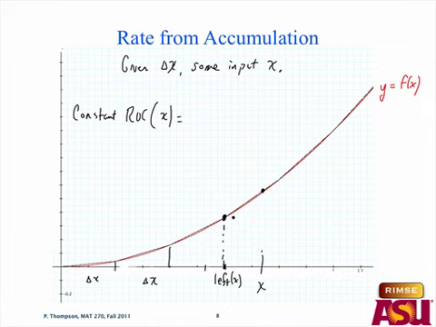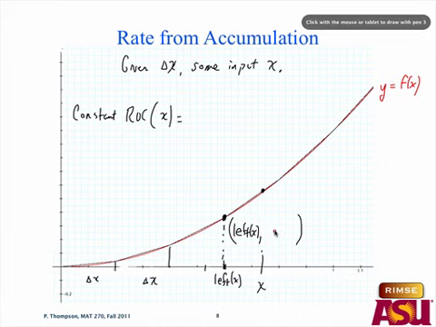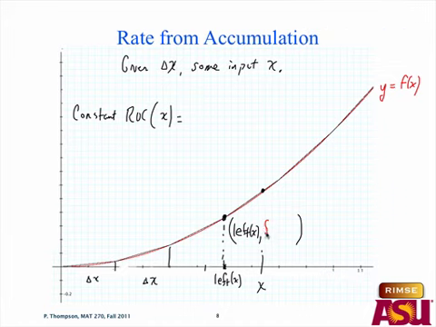Okay, so what are the coordinates of that point right there? The x coordinate is left of x. Somebody else, what's the y coordinate right there? I'll put it in red. Joe? F of left of x. Because it's on our curve. Does it make sense?